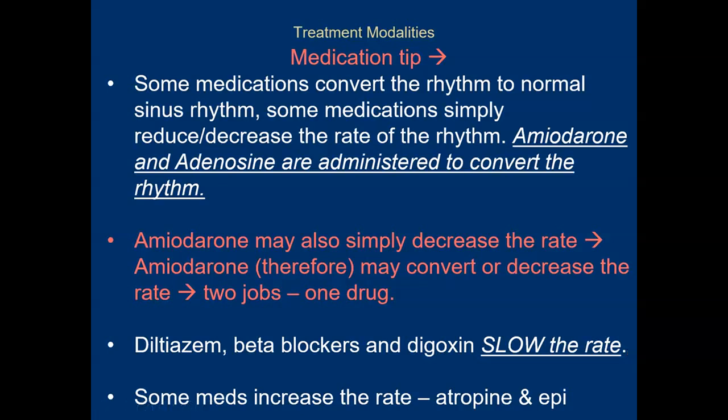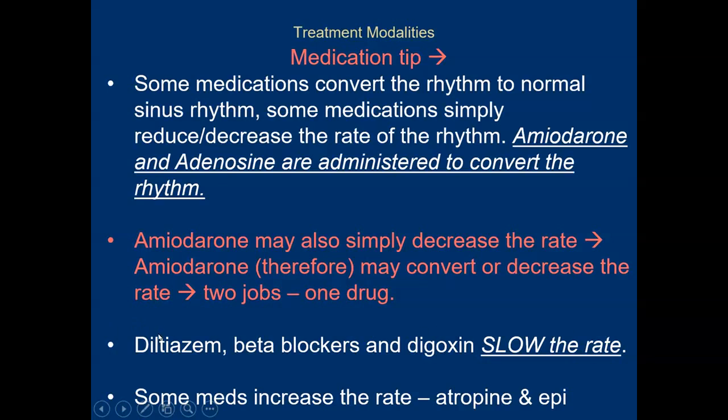You don't have to know a lot of the side effects or adverse responses to these drugs, but you need to know their action. And when you look at the action of these drugs, we see that they slow the rate down. They slow the ventricular rate down, in other words, the response that occurs because of the rapid atrial quivering.